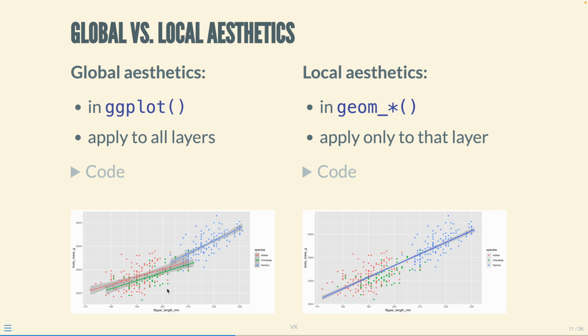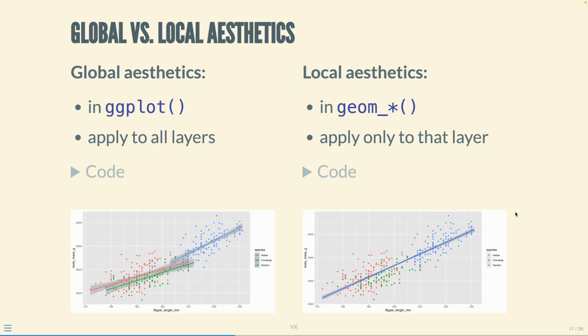As you can see visually, we have so far created these three lines that distinguish the lines of best fit for the different species. But what if we did not want to distinguish between those three lines? Maybe we only want the scatter plot colored by species, but not that line of best fit.